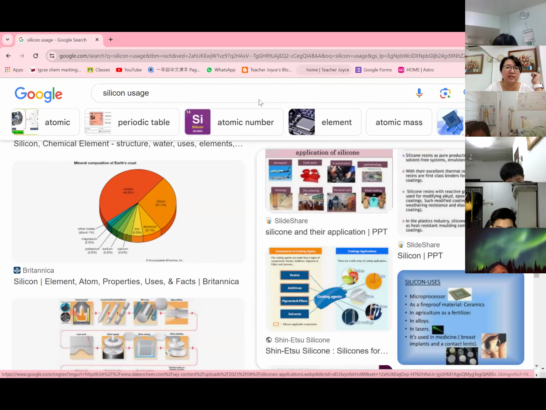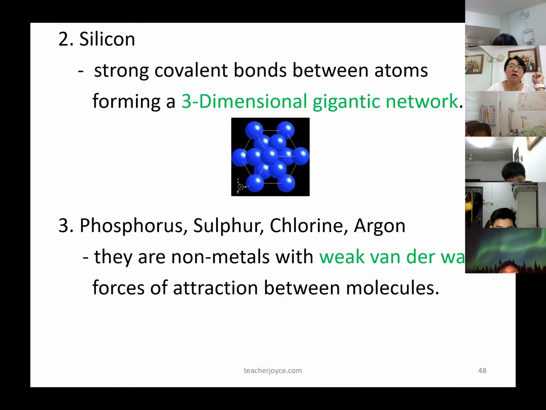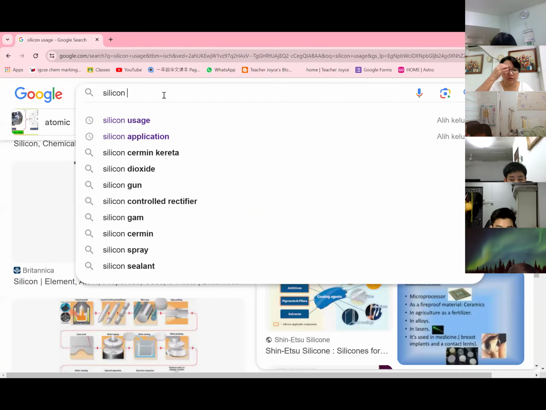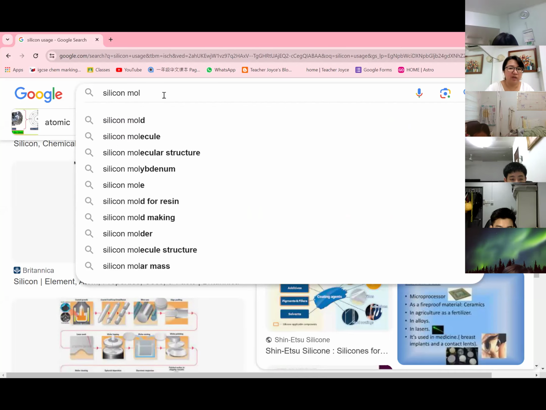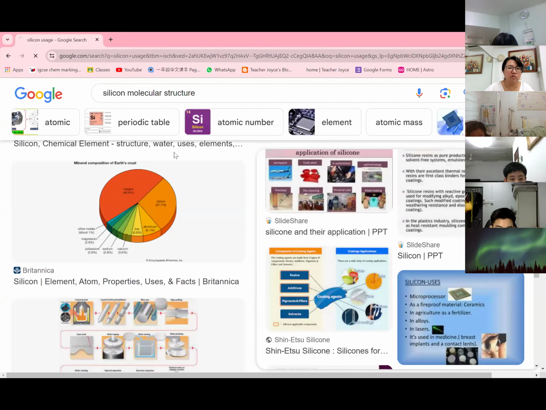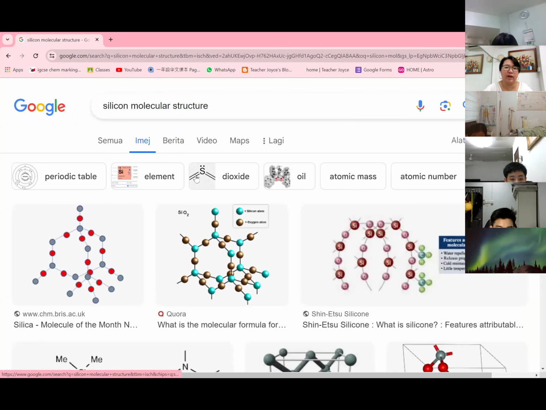If you look at this, it's because silicon has a strong covalent bond. We call it a 3D gigantic network. Okay? And if you look into this again, I show you silicon. We will call it a molecule because silicon is all tied together.